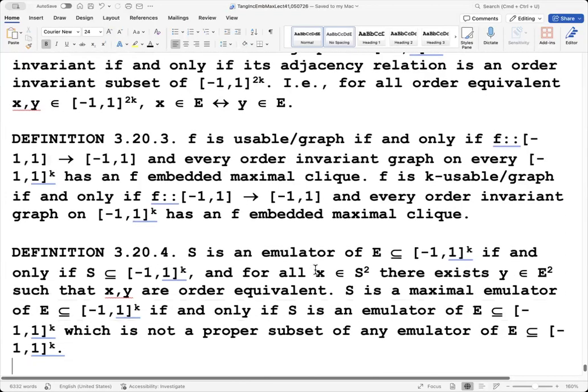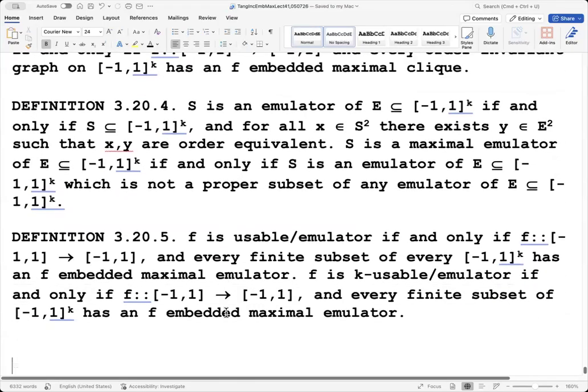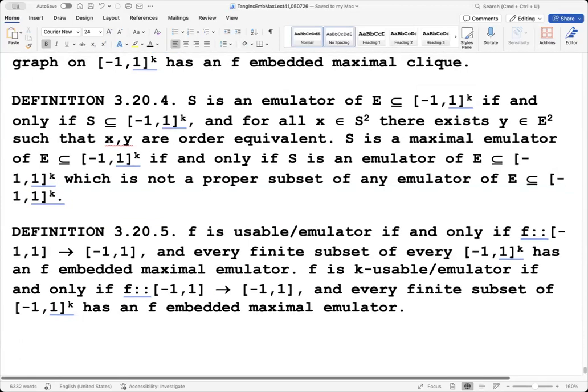See, because I talk about usable graph, usable emulator. Well, maybe I didn't say it, but okay. Usable for emulator. Yeah, here it is. Okay, so I have it for emulator.